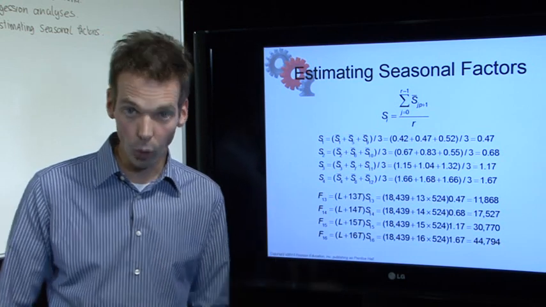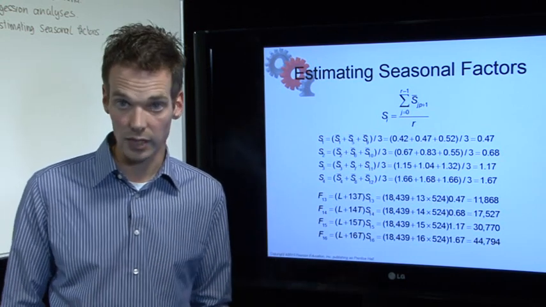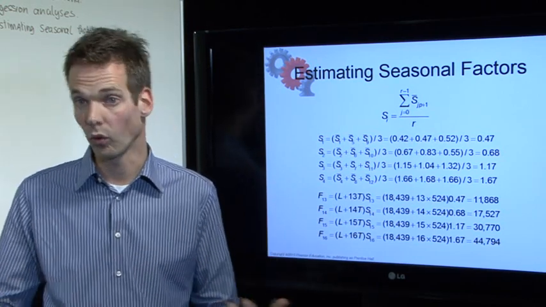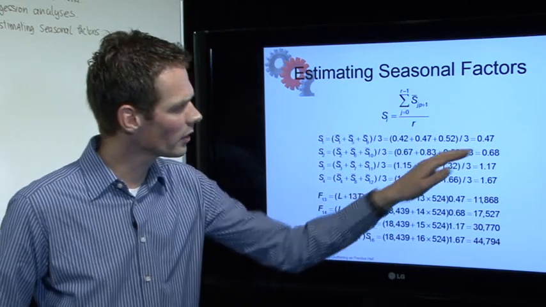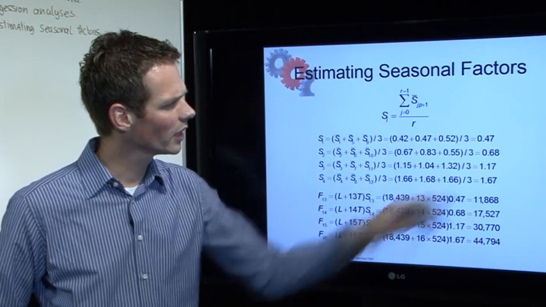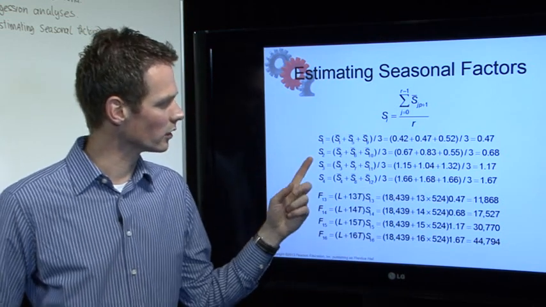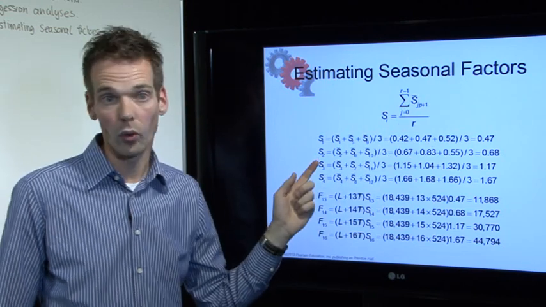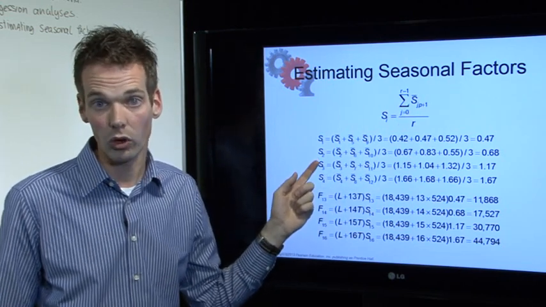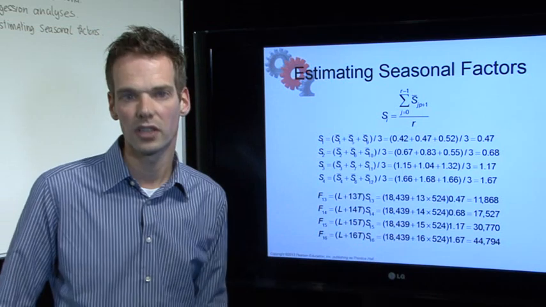If you have more seasons available, then you divide it by 4, 5, 6, 7, 8, and so forth and so on. You add them up, divide by 3, and so the estimate seasonal factor for the second quarter is 0.68.